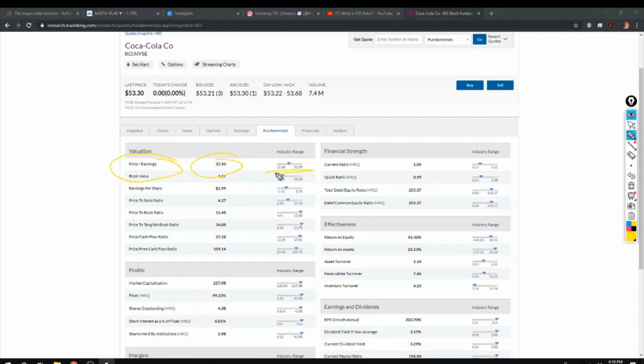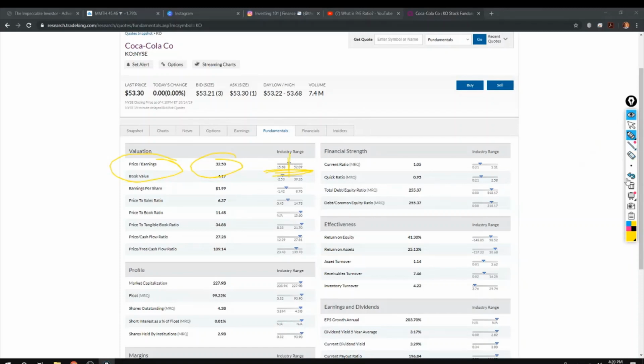When we're looking at all these fundamental factors, you want to make sure you consider the industry average. If it's priced at 32.50 for its PE ratio, and that's in the middle of the industry average, you're receiving a medium value for that company. So purely based on PE, Coca-Cola is of medium value in the industry.